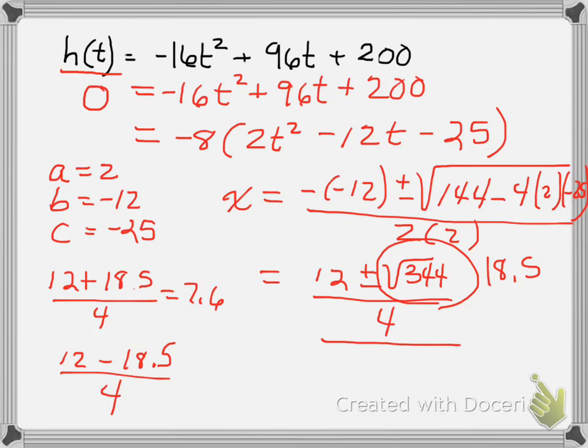And when we do our calculation for 12 minus 18.5 over 4, we see that we're going to end up with a negative number, and since we're talking about time, we definitely do not want negative time. So we found our answer. 7.6 seconds is how long it takes that ball from the time you threw it to go up and then turn around and go down and finally hit the ground.